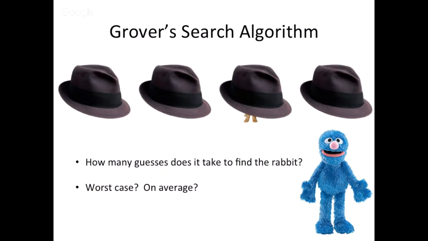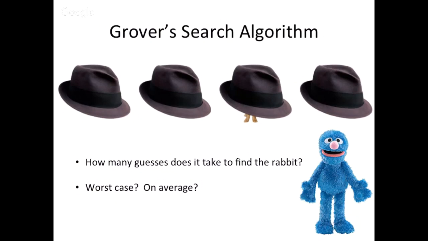There are 4 hats, but after 3 guesses, you know where the rabbit is. So that's good enough. So in the worst case, it takes 3 guesses to know where the rabbit is, where you have the guarantee that there is definitely a rabbit. So that's the worst case.